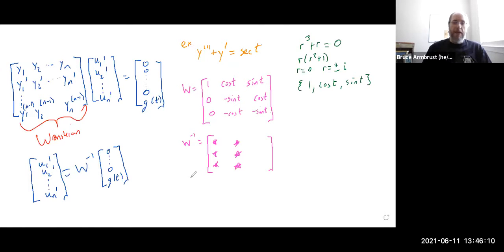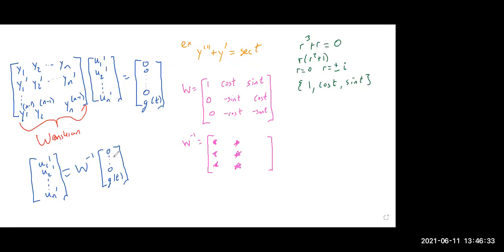They are going to be completely useless and unnecessary when it comes to finding u1 prime, u2 prime, all the way down to un prime. Do you see why? Because of the zeros? Yeah, that's exactly it.